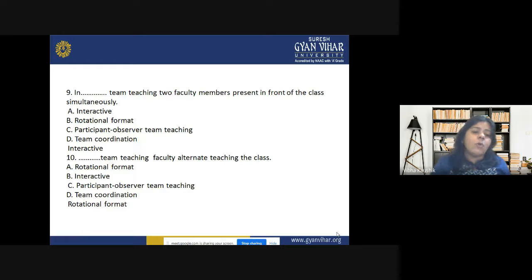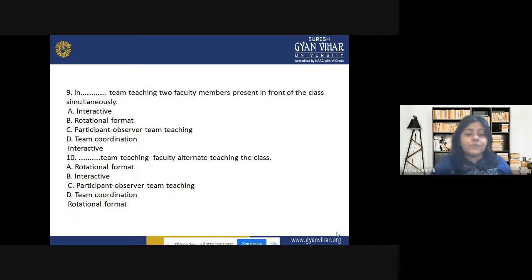So these are the options A, B, C, D. Now you have to select the correct one, and the correct one is option A, that is interactive. So in the interactive team teaching method, two faculty members are present in front of the class at the same time, simultaneously, to teach the students.